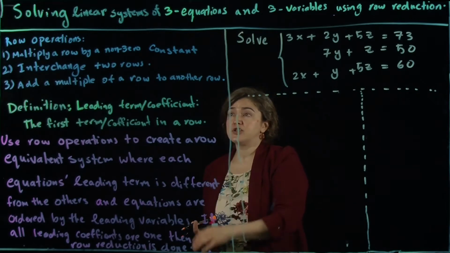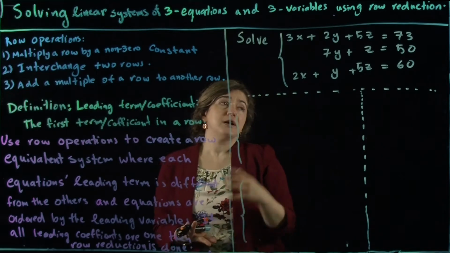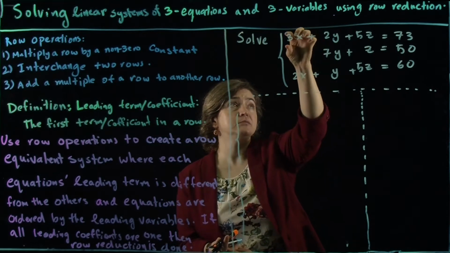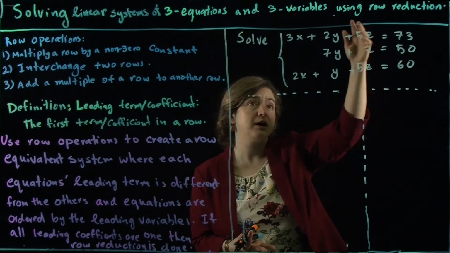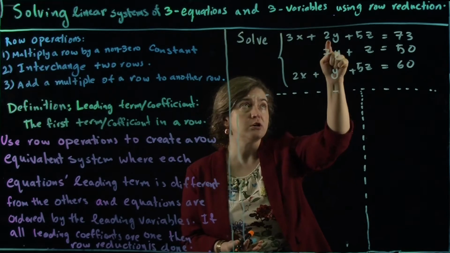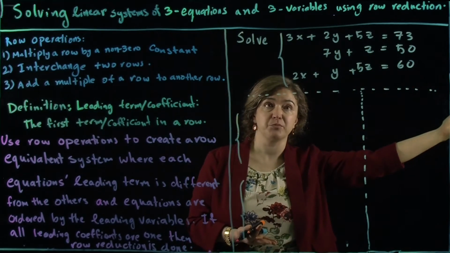The third row operation is add a multiple of a row to another row. So what I can do is I can multiply, for example, the first row by negative 2/3. That is each term in the first row multiplied by negative 2/3 on my piece of scratch paper.